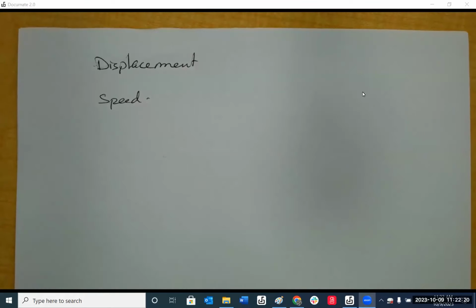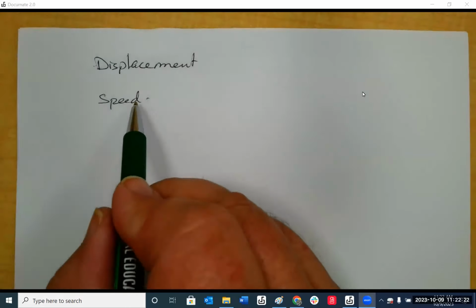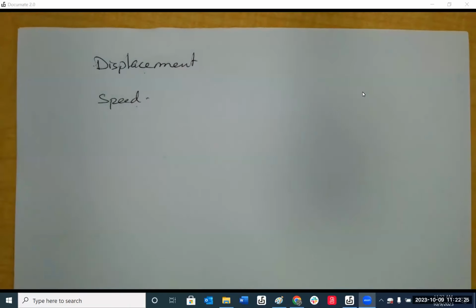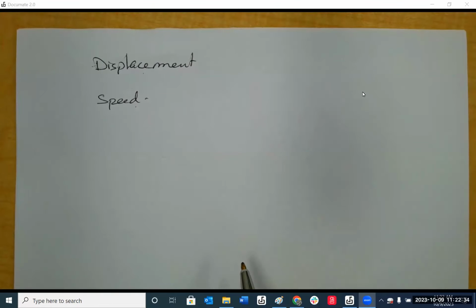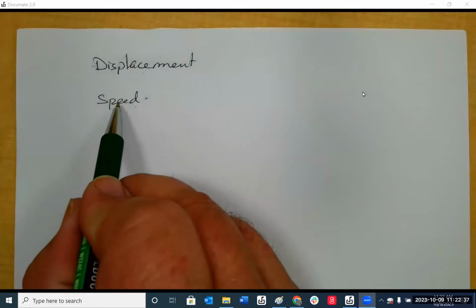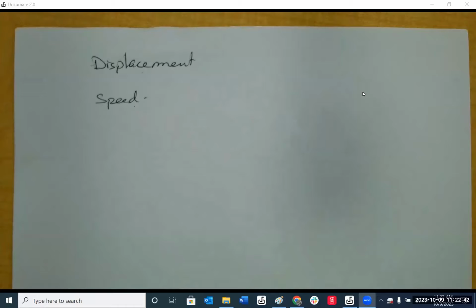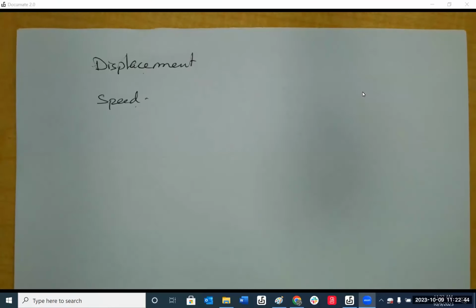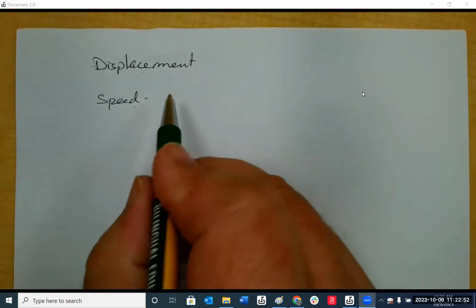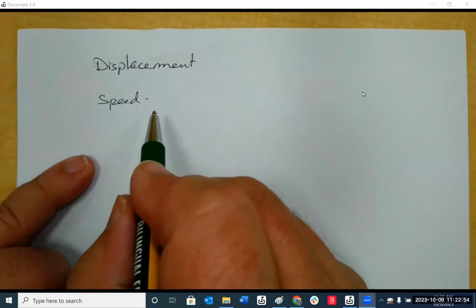How does speed relate to displacement? Well, how fast is speed? So speed is how fast, how far you moved over a given period of time. Yeah, that's right. It's just that you can't use fast with speed because it means the same thing. It's the change of displacement over time.